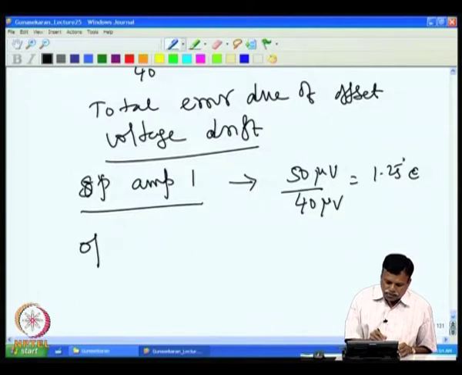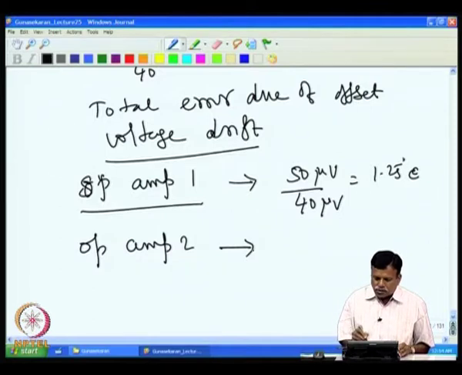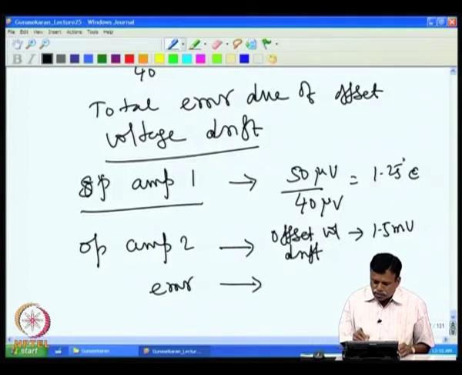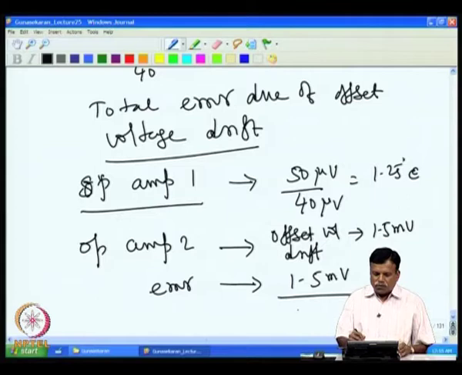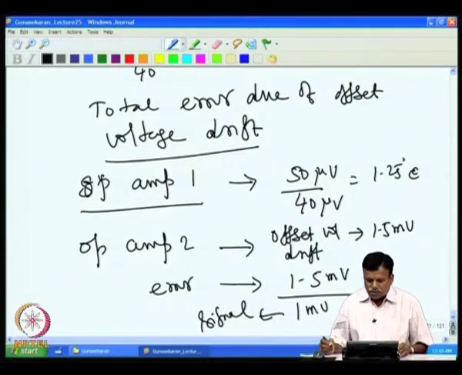Op amp 2, if I use a normal op amp, the total offset voltage drift comes out to be 1.5 millivolt per 100 degree C. So, error in this stage turns out to be 1.5 millivolt, and the signal at this stage is 1 millivolt per degree C, because 40 microvolt amplified by 25 times gives you 1 millivolt.